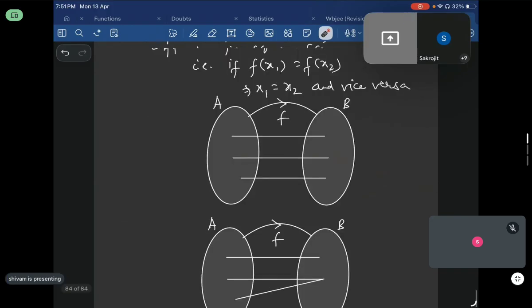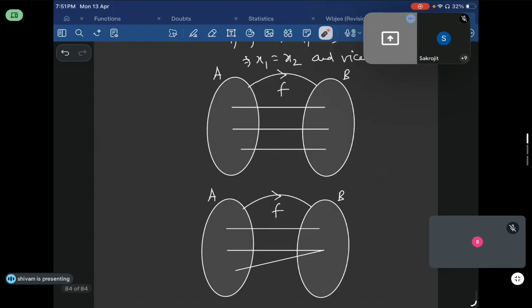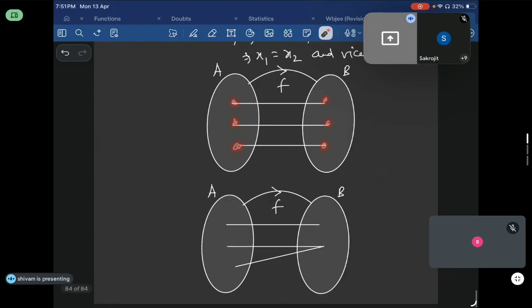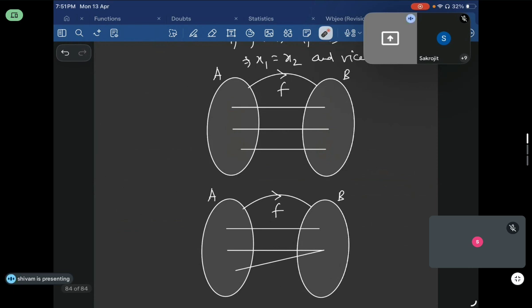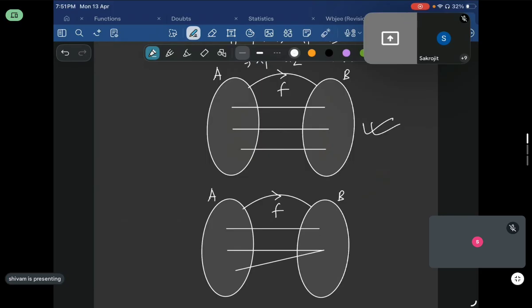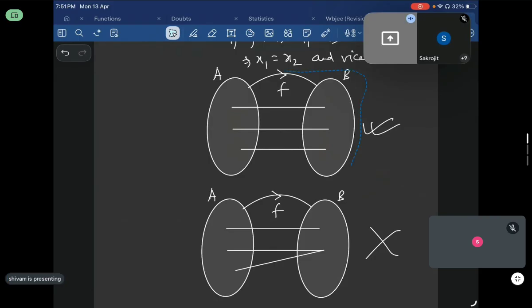Like see, each and every element in A has only one image in B. So what do you think, everyone? The second diagram is injective or not? No, sir, the second diagram is not injective. Next, let us talk about another one.